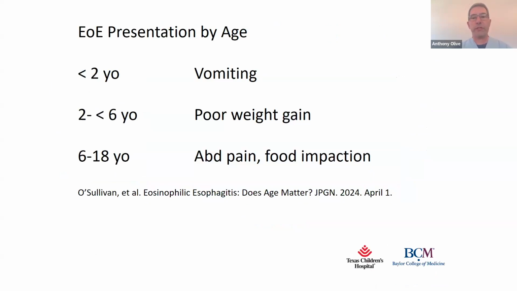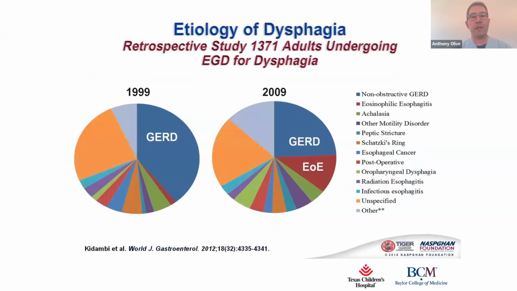This is just another more recent publication from this year, again highlighting that there can be differences in the presentation depending on the age of presentation in the pediatric age group with EoE. In the adult world, EoE has become a much more prominent, more recognized cause of dysphagia between 1999 and 2009, more so even now, as EoE becomes more recognized among providers and patients alike.